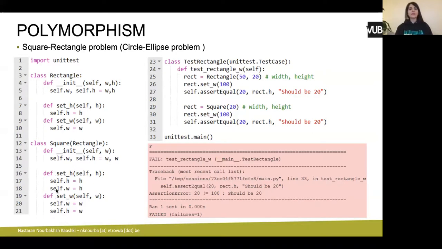And the setter functions for both of them will be equal: H will be assigned to both of them, and W will be assigned to both of them.